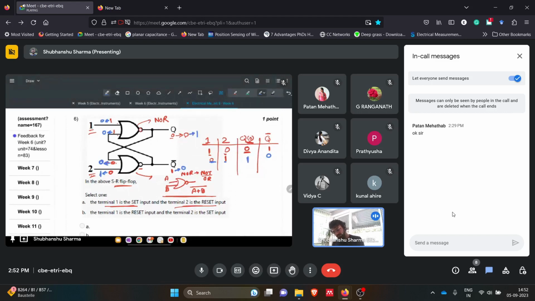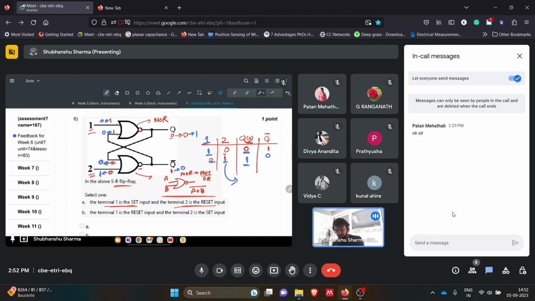So what we observe is that when we set input 1 to high level, the ultimate output becomes 0. And when we set the second input to high level, our output becomes 1.